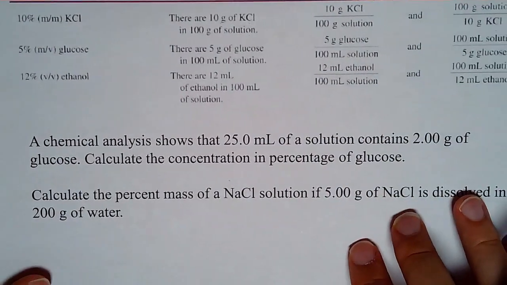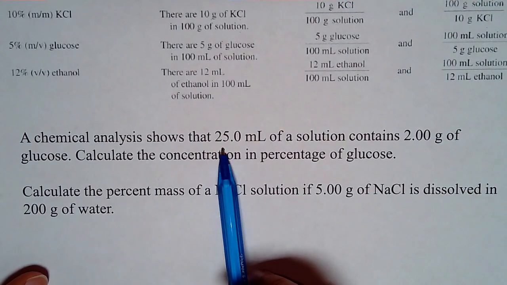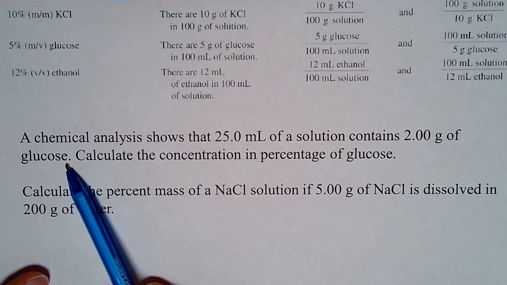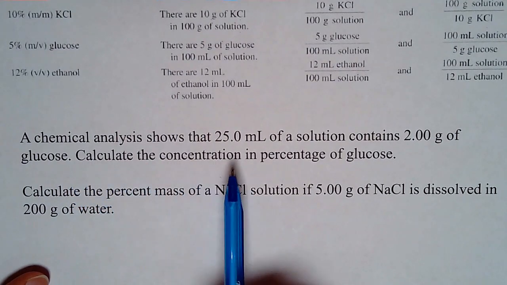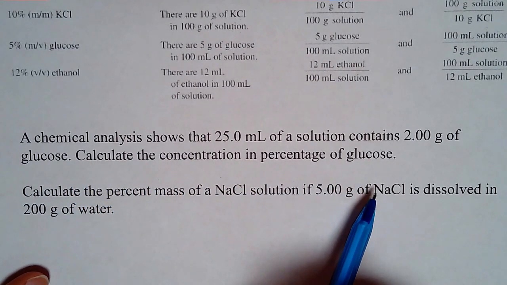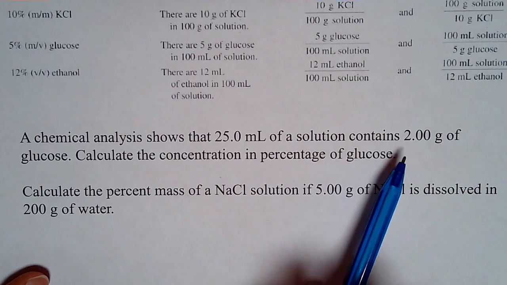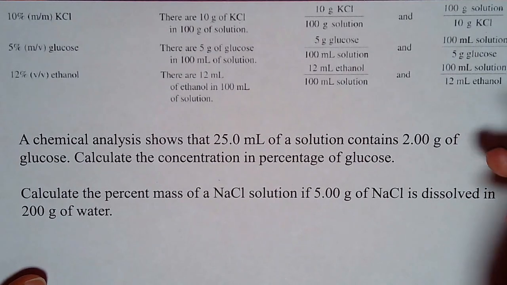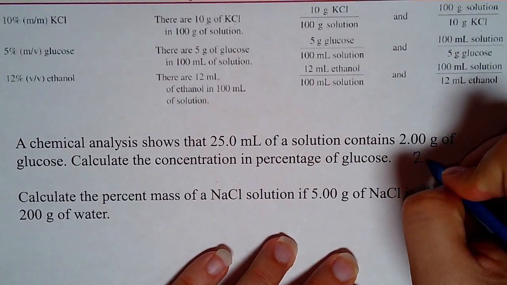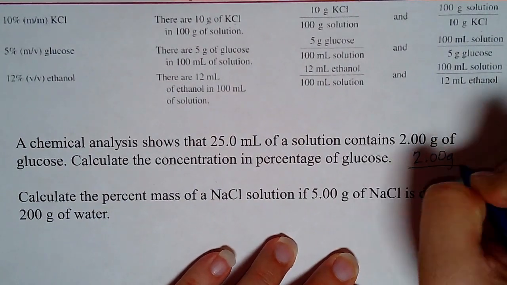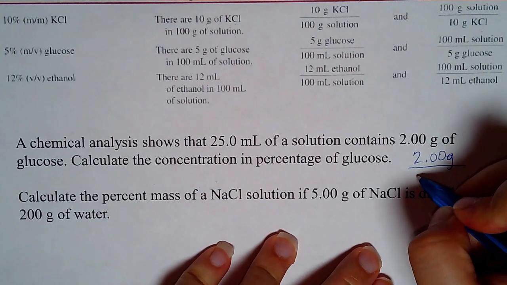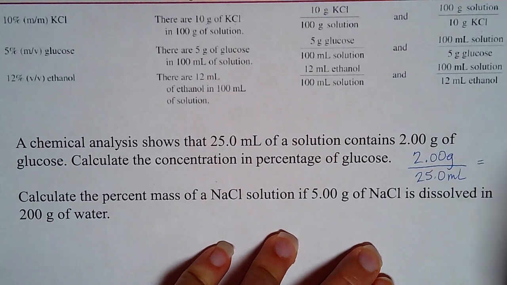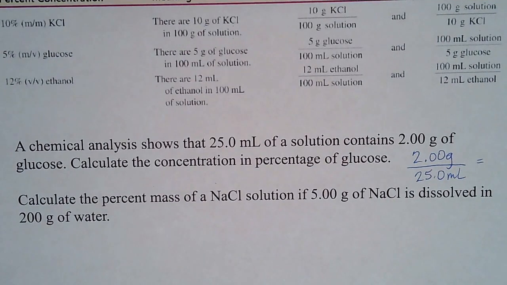Chemical analysis shows that 25 mils of a solution contains 2 grams of glucose. Calculate the concentration in percent of glucose. Alright, so we can do this in terms of grams per volume because that's what we're given. So if we have 2 grams divided by our 25 milliliters, we can calculate what that ratio would be.